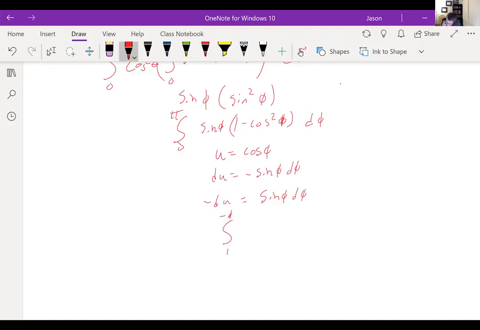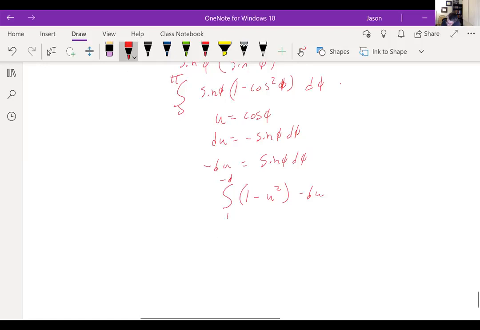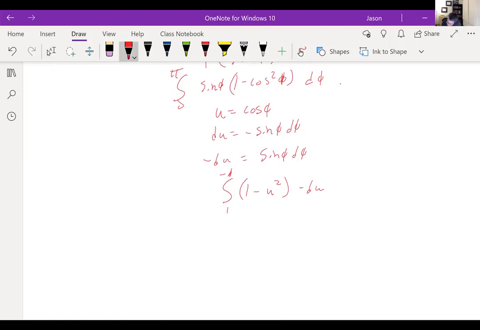So that's 1 to negative 1 of 1 minus u squared, but then we have a negative du. That's going to flip this around, but if I flip the limits, I would cancel out that negative. If I went negative 1 to 1, I could cancel that negative out. So it's just 1 minus u squared du.